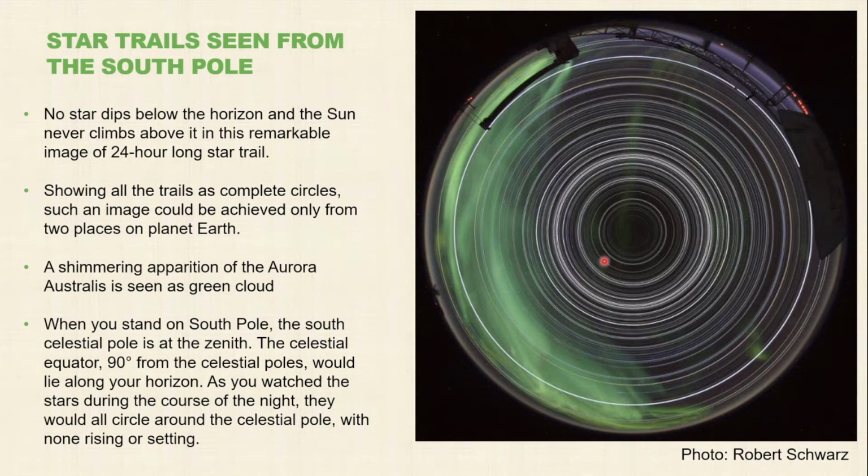And another beautiful aspect of this image is this green cloud here. This green cloud is the southern lights, similar to the northern lights, aurora borealis. They're called aurora australis.